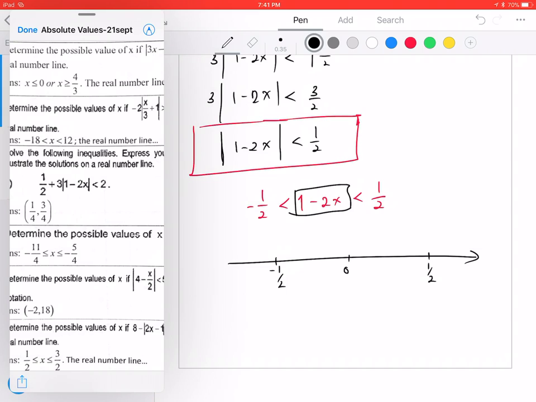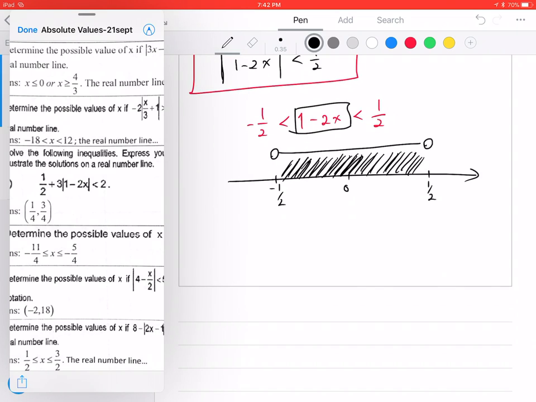This is saying that any value of x that you substitute in this is going to result in anything in between these two constraints. So it's going from negative 1/2 all the way to positive 1/2.